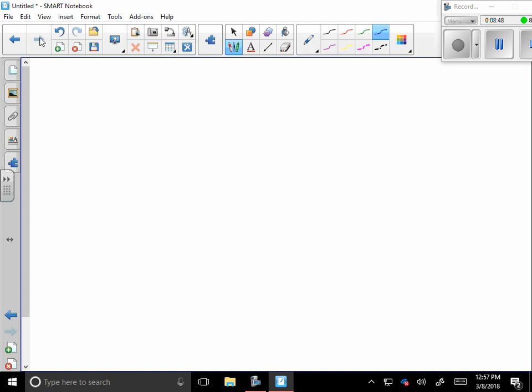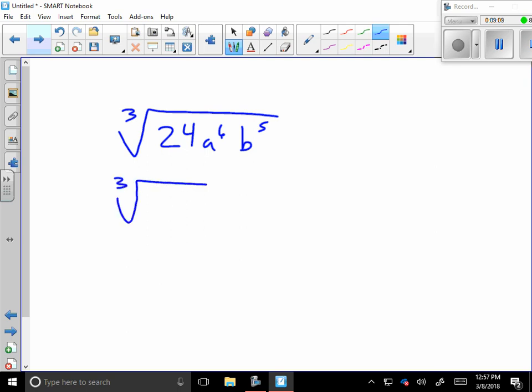Number 10, you have a cube root this time. Now, 24 is not a perfect cube, but it has a factor that is. It has 8. 24 is 8 times 3.